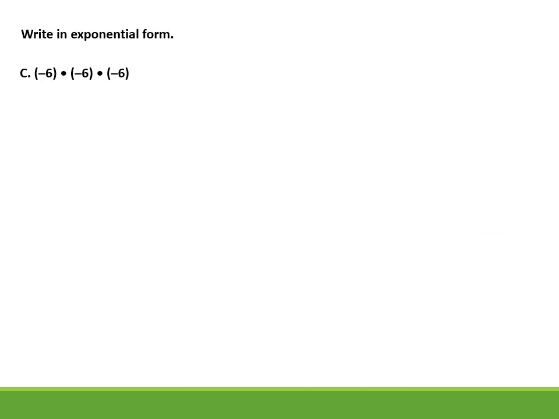We have negative 6 times negative 6 times negative 6, or negative 6 multiplied by itself 3 times. Remember, negative 6 is multiplied by itself 3 times, therefore the negative sign is carried throughout the process. That's why it is inside the parentheses.